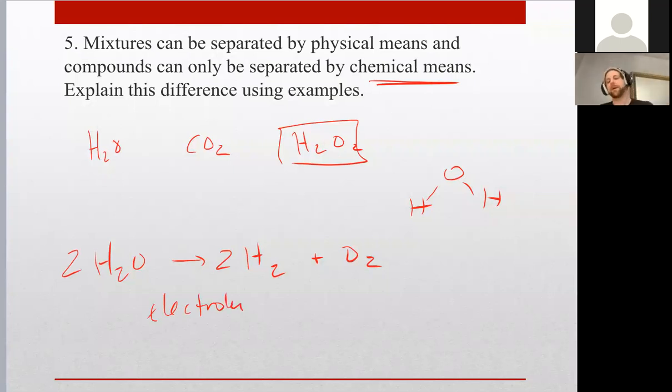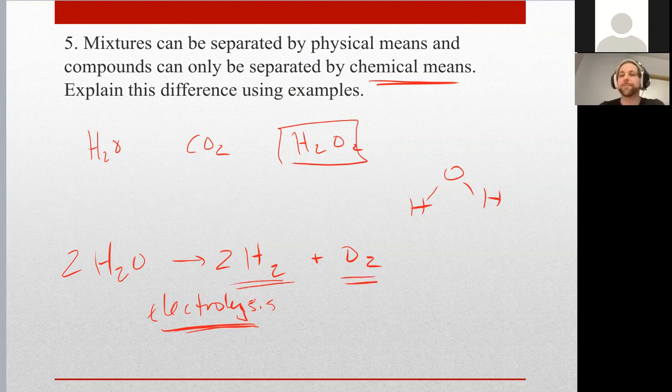You just apply electricity, and you're going to have some salt in the water to get the current to flow through the water molecules, but by applying energy in the form of electricity or put a current through the water molecules, you actually get it to separate into its elemental form. So those are examples of chemical means, just breaking down a compound into smaller pieces.